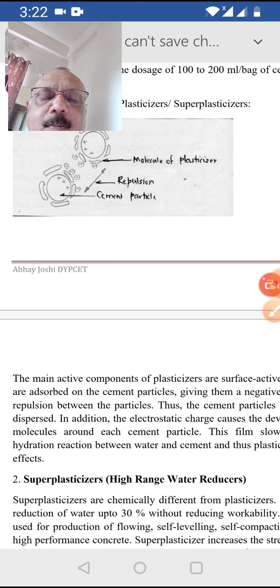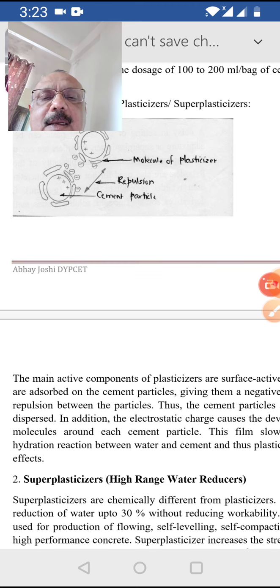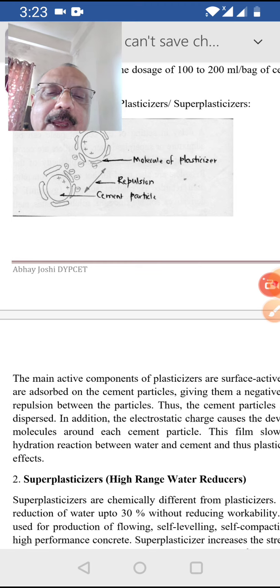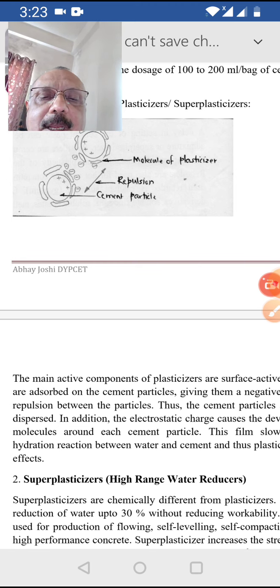So that's why more mobility is given to that mix. So obviously at a given water cement ratio, even if we are reducing water, the workability will be enhanced in terms of either compacting factor or slump, whatever you can say.